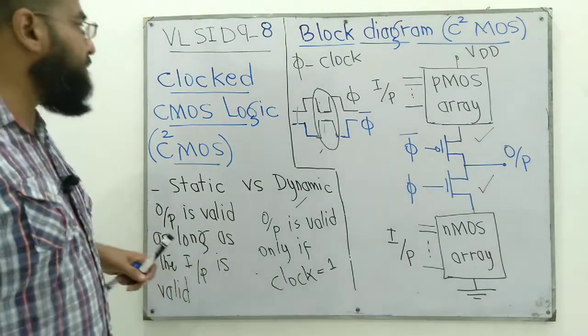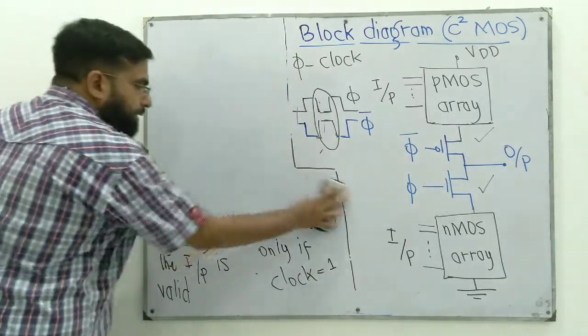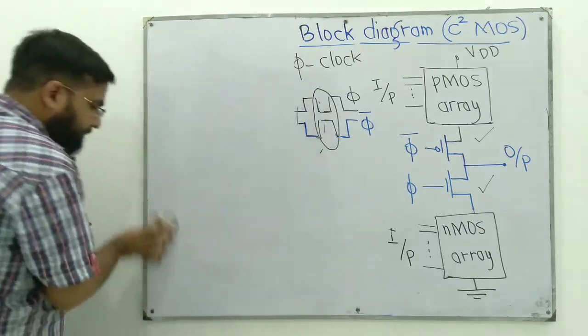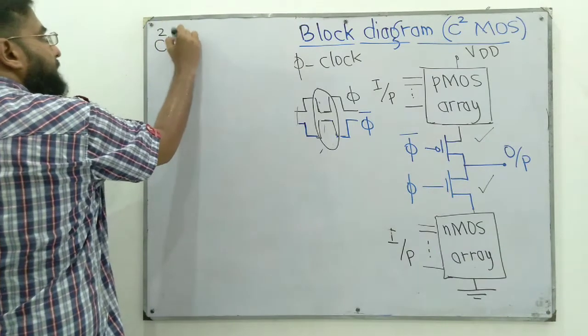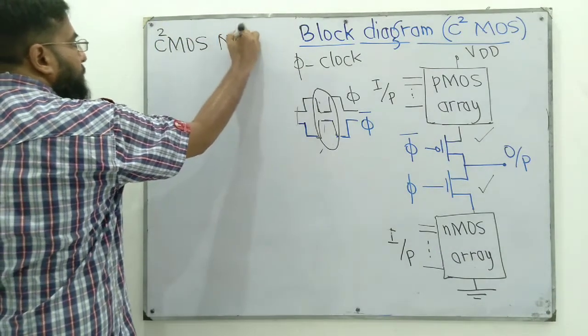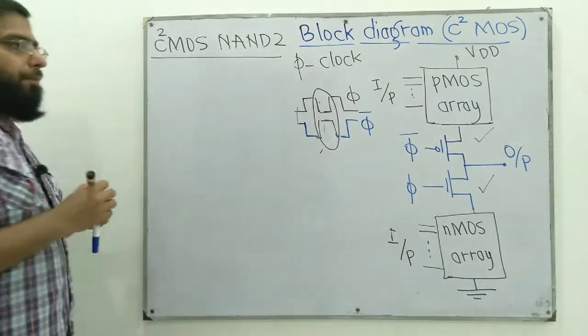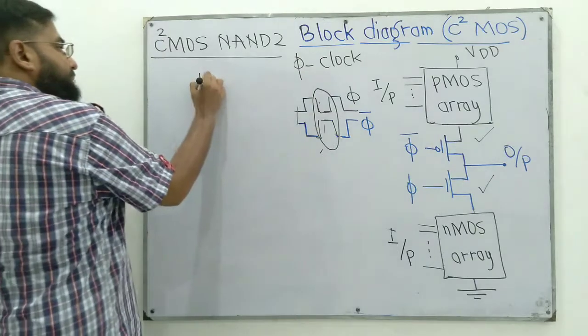Implementing clocked versions of regular CMOS circuits is very simple. Like we are going to implement a C2MOS NAND 2 here, right? The regular PMOS array for NAND 2 is this.